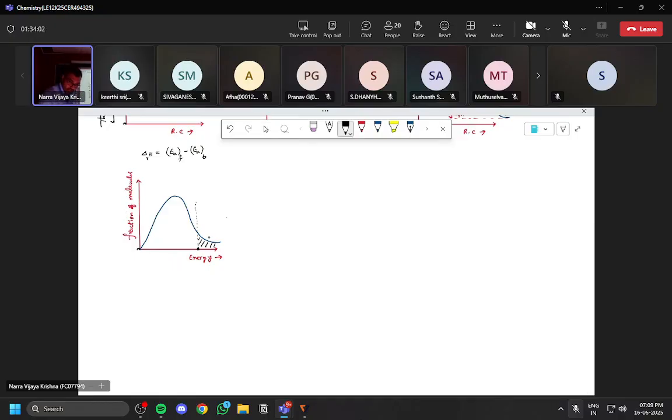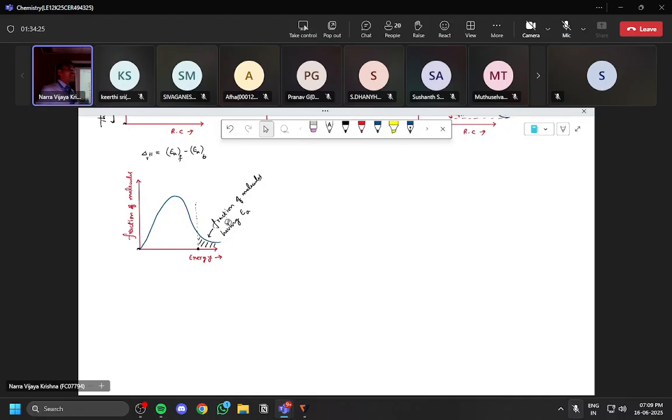So this area represents the fraction of molecules having energy EA.